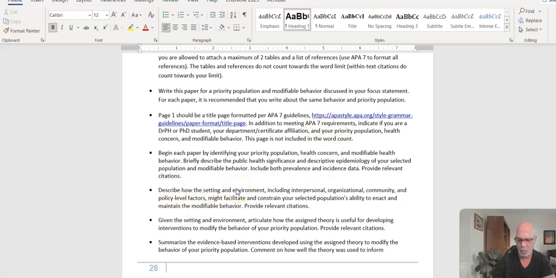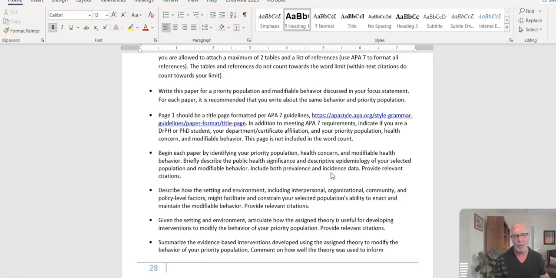Pay attention to the ors and the ands. For example, begin each paper by identifying your priority population, health concern, and modifiable behavior. If you leave one of those 3 out, you lose points, right? And so pay attention to the instructions. Include both prevalence and incidence data, right? So that's a little bit of guidance for you guys.